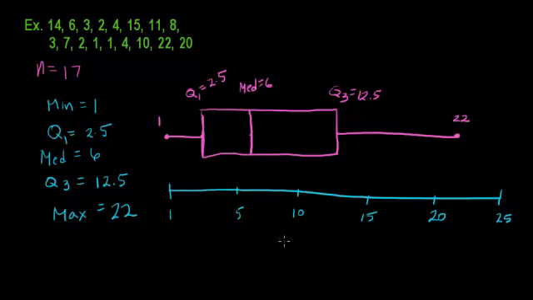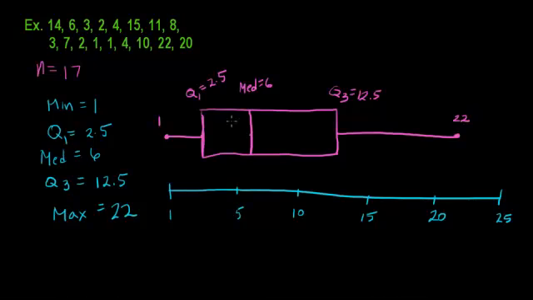Okay, so this is what we call a box plot, and it gives us a feel for not only do we get our 5-number summary, but we get a feel for the distribution of the data, how the data is clustered together. See, the median, of course, represents the value in which 50% of the values are lower than that number. 50% of the values in this data set are less than 6, and 50% are higher than that number.